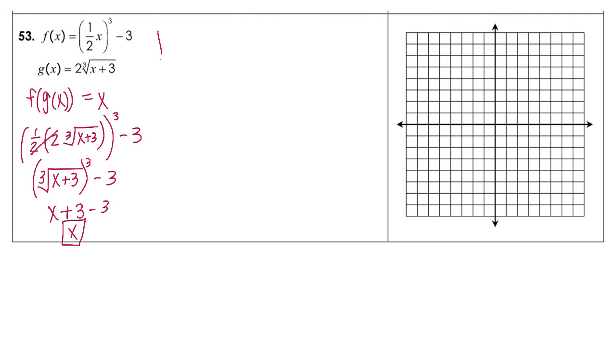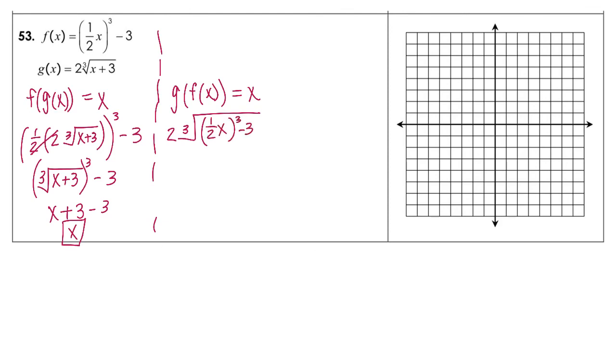Okay, so over on the other side of things, we need to do g of f at x, and so we're going to plug in and hopefully get x on that side there. So if we do that, let's go look. We're going to have 2 times the cube root of, and in place of x, I'm going to put 1/2 x all cubed minus 3. Now that was the entire f of x function, and then plus 3.